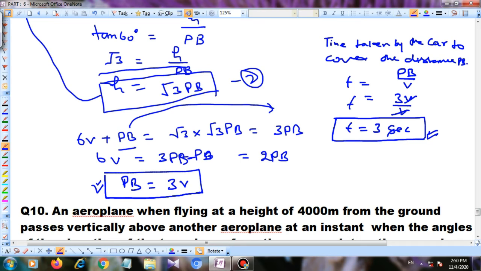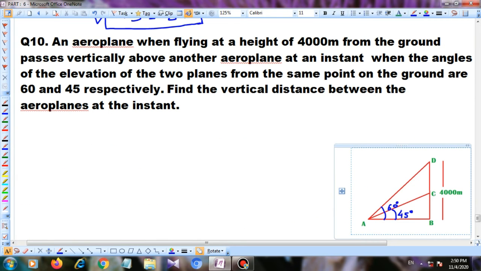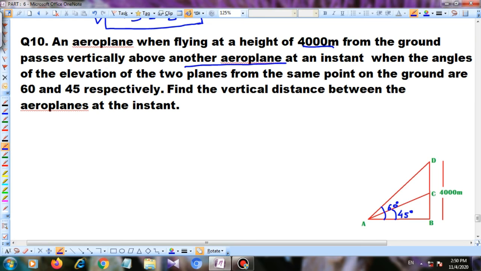Now our next question is, an aeroplane flying at a height of 4000 meter from the ground passes vertically above another aeroplane at an instant when the angles of elevation of the two planes from the same point on the ground are 60 degree and 45 degree respectively.